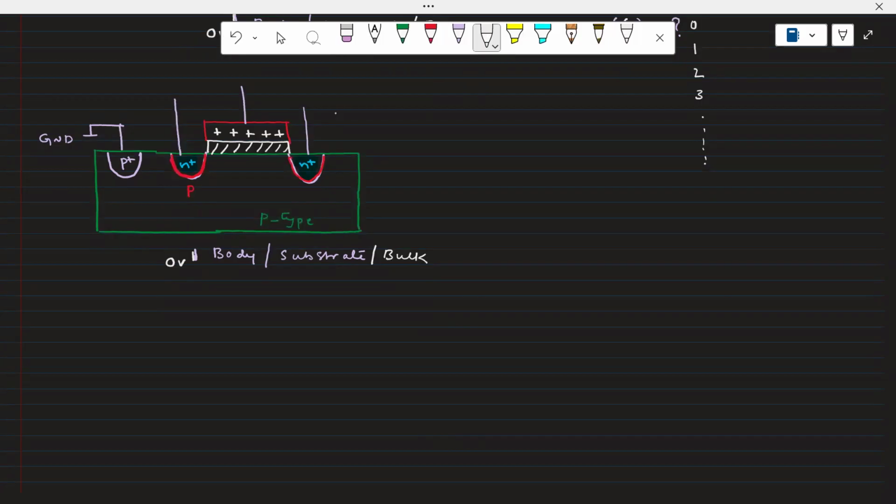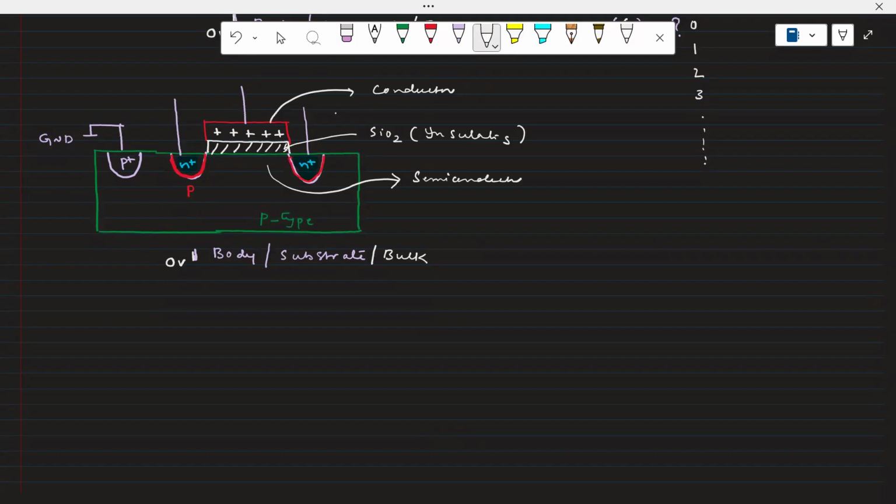This is called an oxide. This is SiO2 actually. It is an insulating material. This is a conductor. Of course, below this one, it is actually a semiconductor.